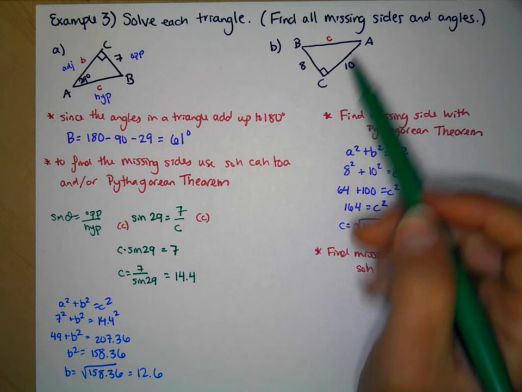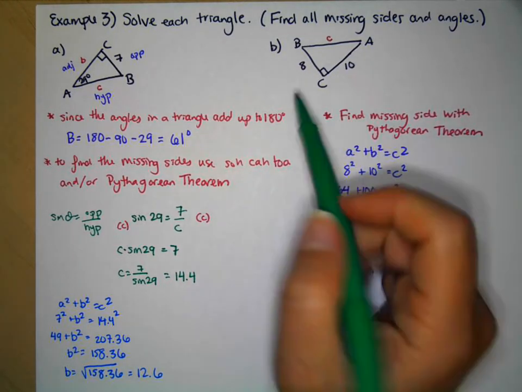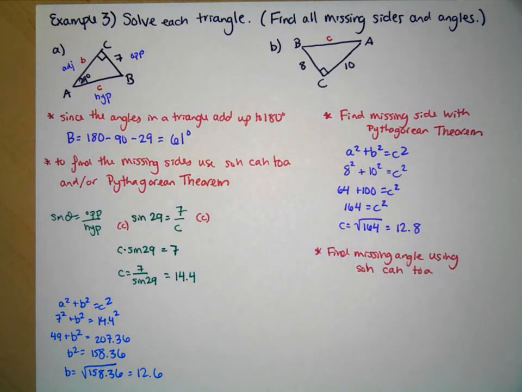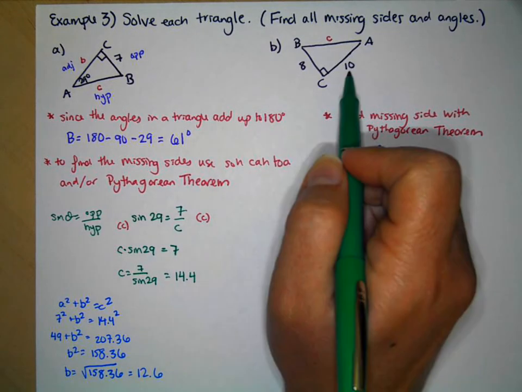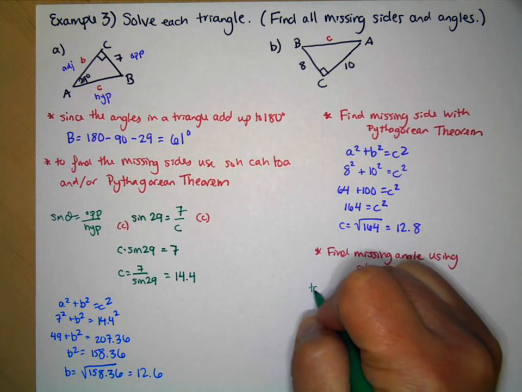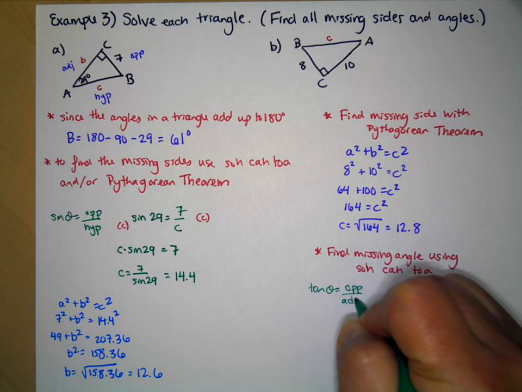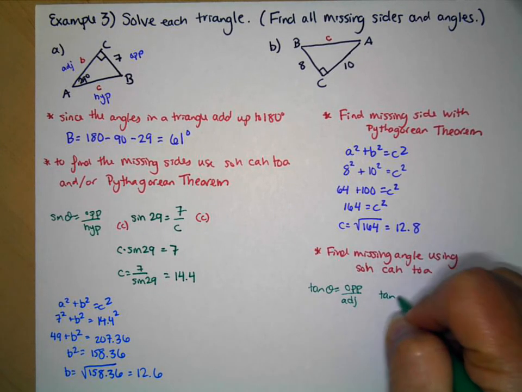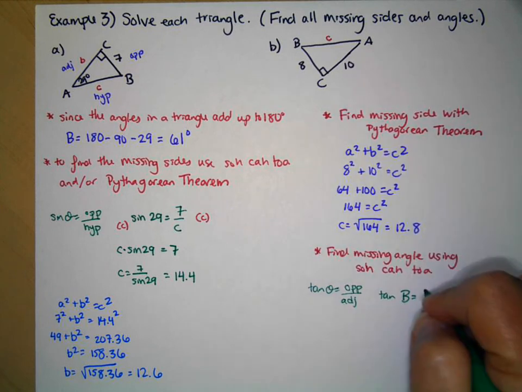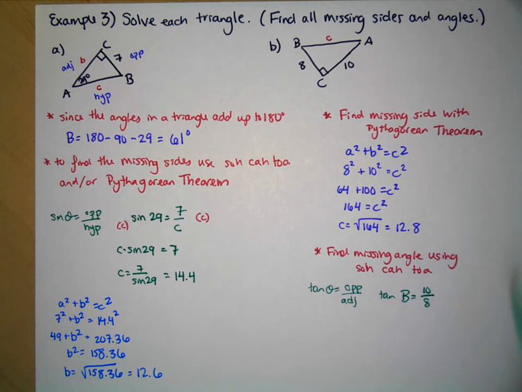Maybe I want to start by finding angle B. From angle B, 10 would be my opposite side and 8 would be my adjacent side. We know tangent is equal to opposite over adjacent. So the tangent of angle B is equal to our opposite side from angle B, which is 10, over our adjacent side to angle B, which is 8.